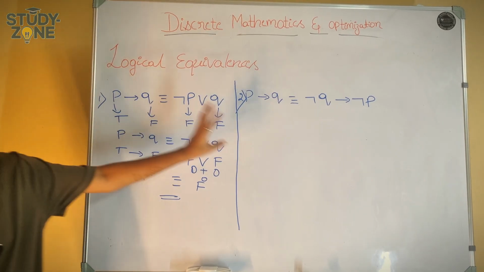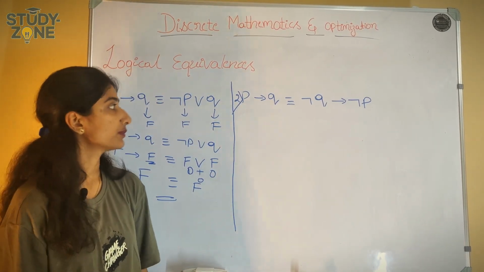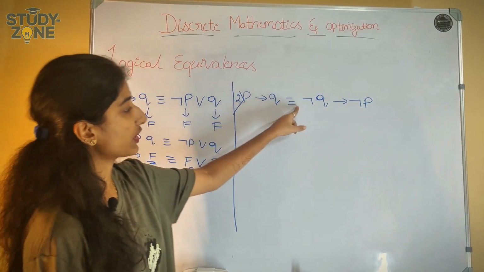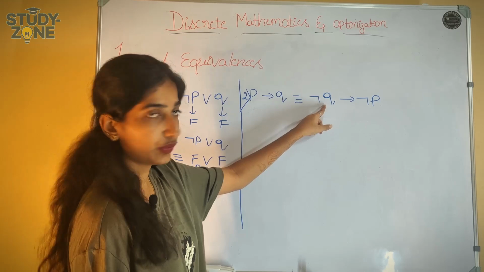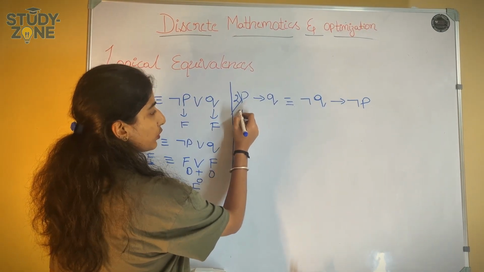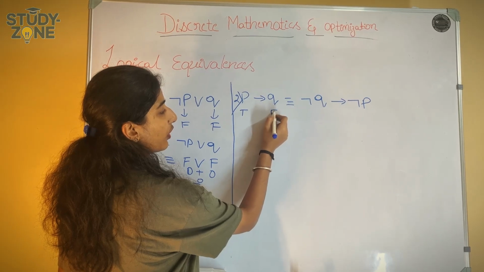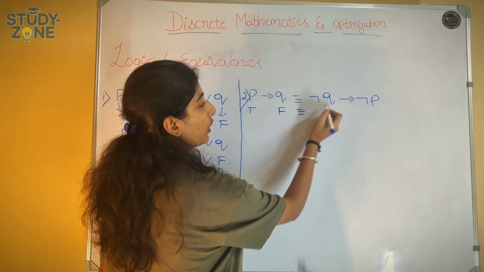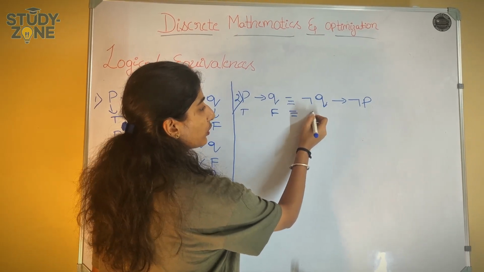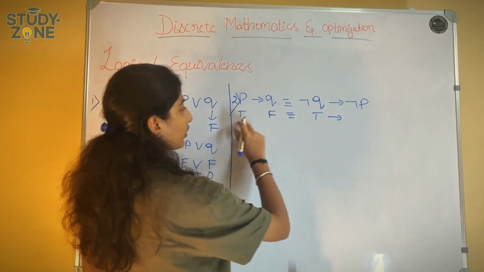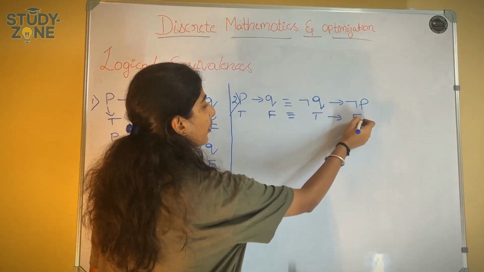So let us go through the second example and check. So here P implies Q is logically equivalent to not Q implies not P. So P means true, Q means false, and we have to check whether they are logically equivalent. Not Q means true, which implies not P, that is false.